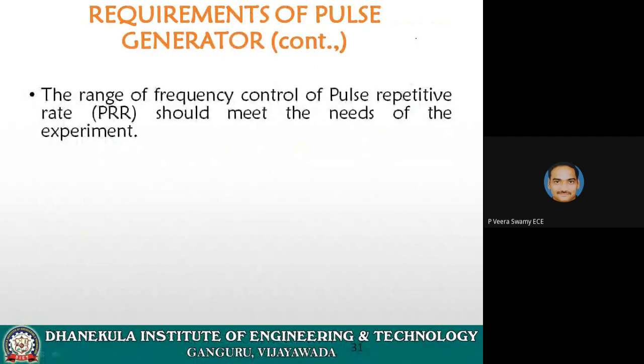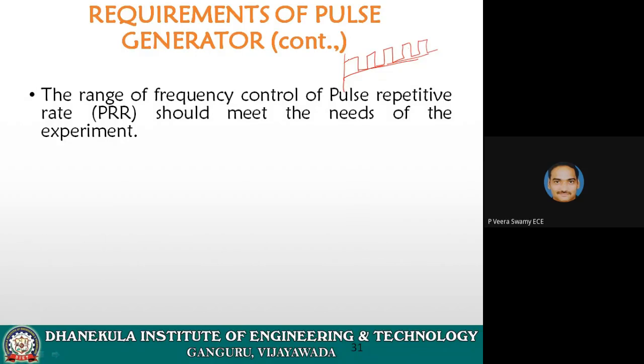The range of frequency control of pulse repetitive rate should meet the needs of the experiment. So pulse repetitive means, for example, this is one pulse, this is another pulse. In pulse we have a condition that it is not necessary to generate the same pulses in a train.